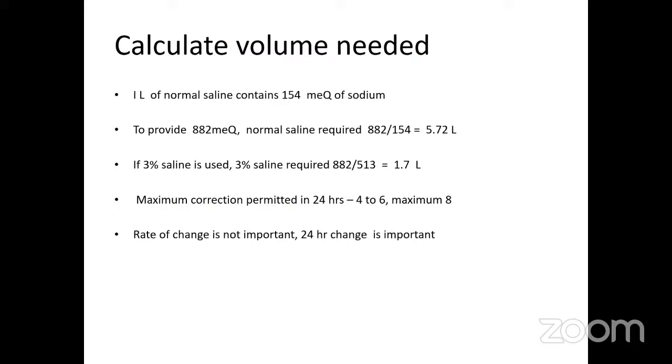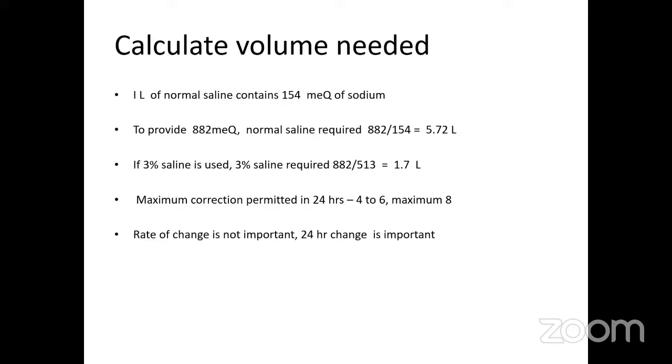So how will you calculate the volume that is needed? We know that 1 liter of normal saline contains 154 milliequivalents of sodium. So if you want to provide 882 milliequivalents, it should be around 5.72 liters. To bring back the sodium to normal of 130, the patient requires 5.72 liters.